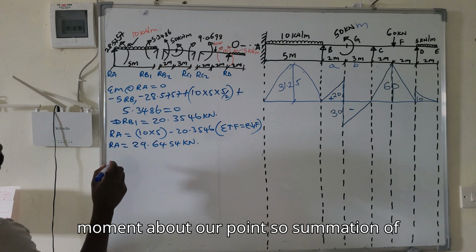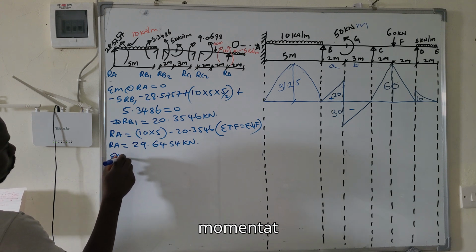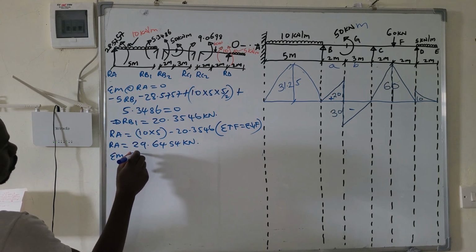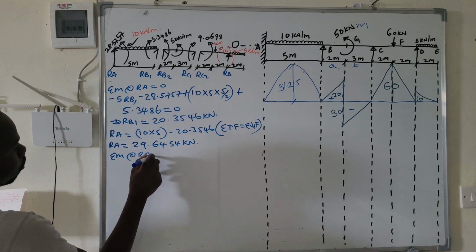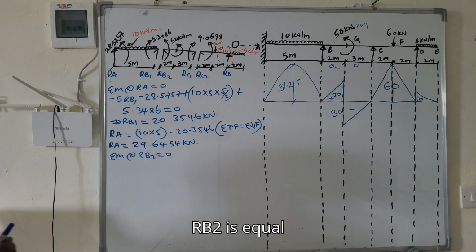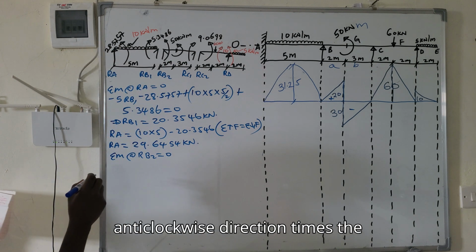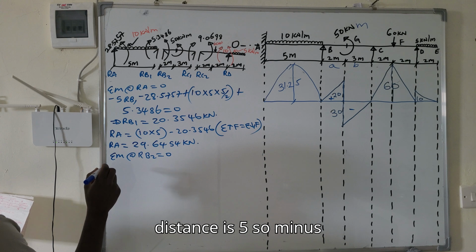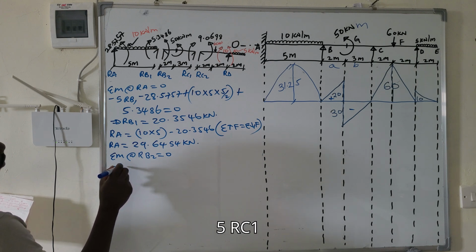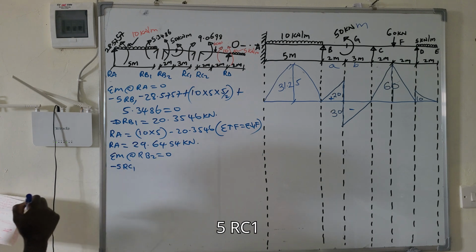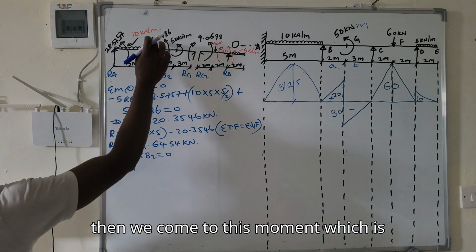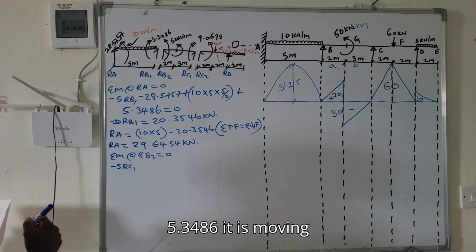So we sum moment about a point, so summation of moment at RB2 is equal to 0. So we will have RC1 moving in anticlockwise direction times the distance, which is 5, so minus 5 RC1. Then you come to this moment, which is 5.3486.